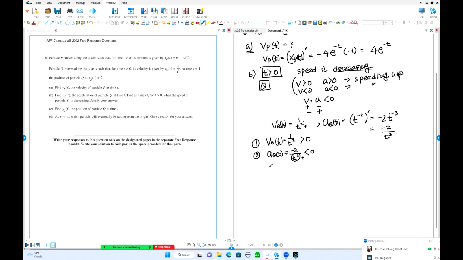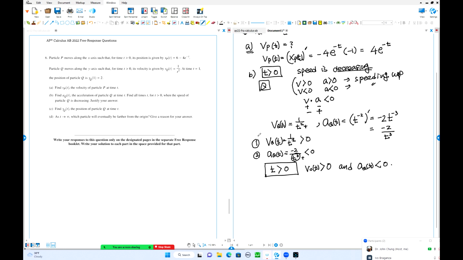So the interval is what? For any time t greater than 0, right? Always what? The speed is decreasing, right? That's the answer. Because we can say now velocity is positive and acceleration is negative.